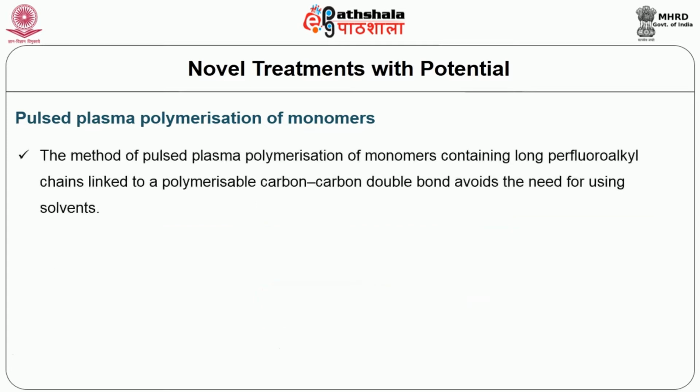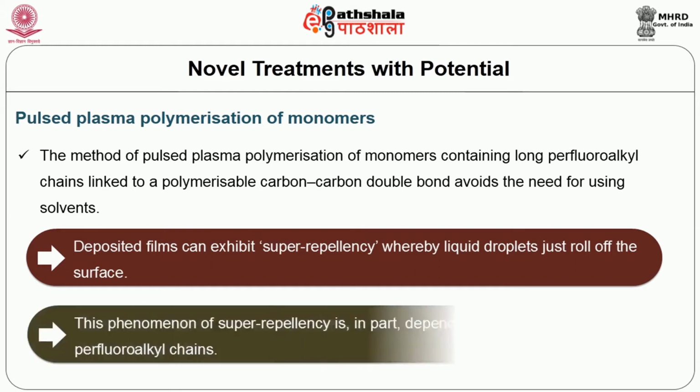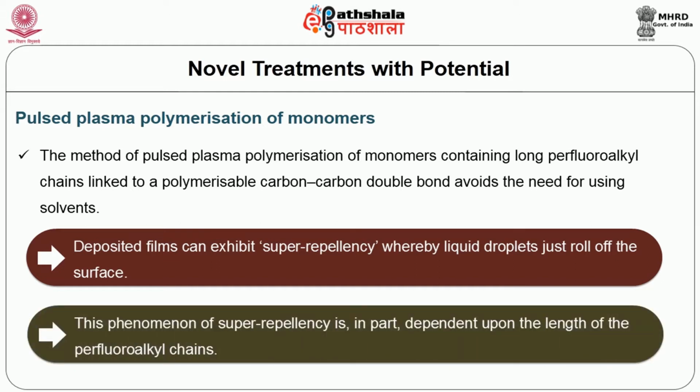The method of pulsed plasma polymerization of monomers containing long perfluoroalkyl chains linked to a polymerizable carbon-carbon double bond avoids the need for using solvents. Deposited films can exhibit super repellency whereby liquid droplets just roll off the surface. This phenomenon of super repellency is in part dependent upon the length of perfluoroalkyl chains.